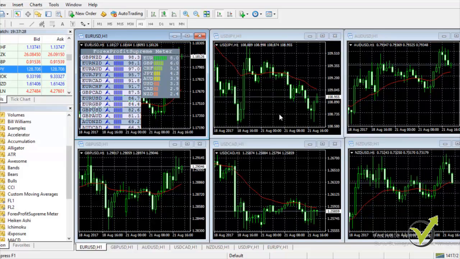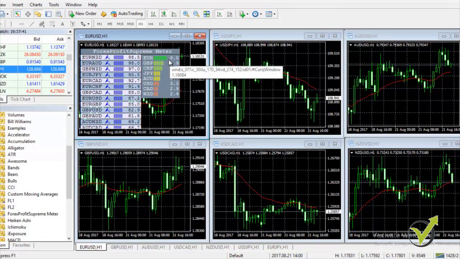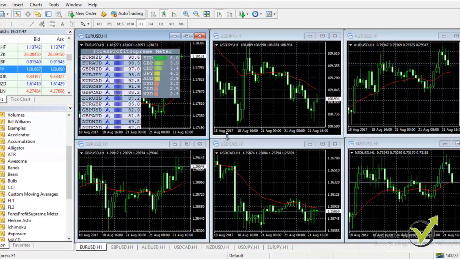He was placing it, he was choosing the strongest, the weakest, he was going there, he was executing the trade. So for example, he would go to Euro New Zealand, buy over there. After a little, when euro is going down a little bit, he was taking the profit. I can tell you, I was following his trading for a few days. He didn't have a losing trade, guys. He didn't have one losing trade.